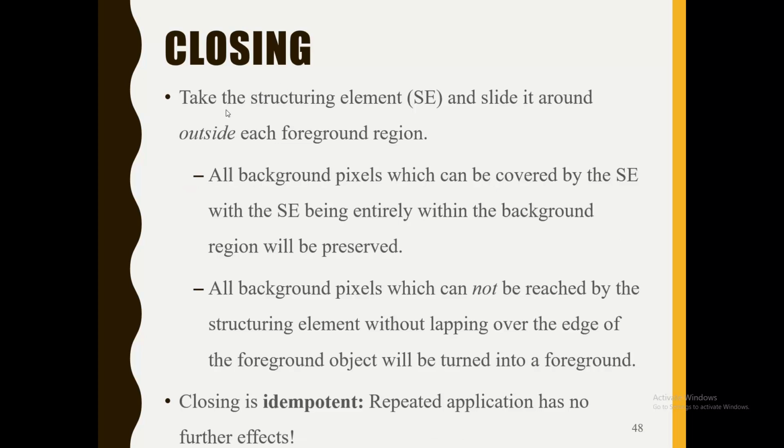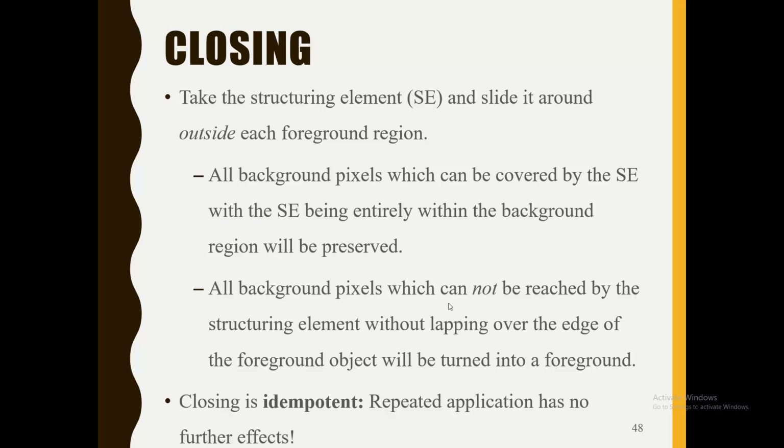So in closing operation, take the structuring element and slide it around outside each foreground region. All background pixels which can be covered by the structuring element, with the SE being entirely within the background region, will be preserved.